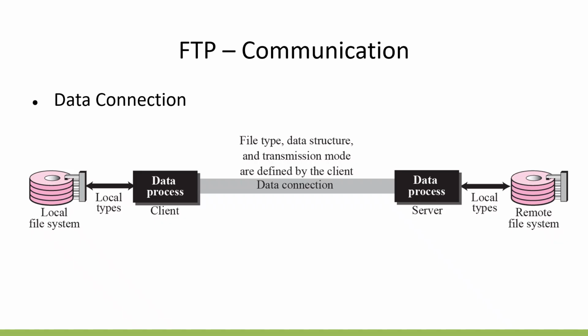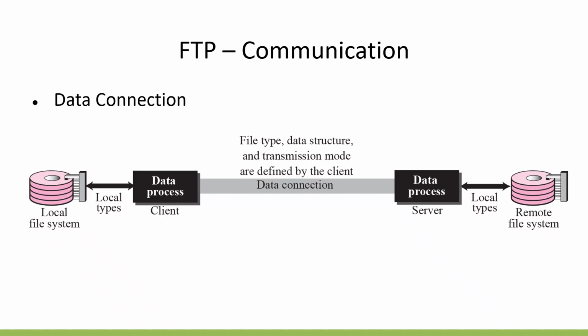In FTP, the data connection serves a different purpose and is implemented separately from the control connection. While the control connection handles commands and responses, the data connection is responsible for transferring files between the client and the server.